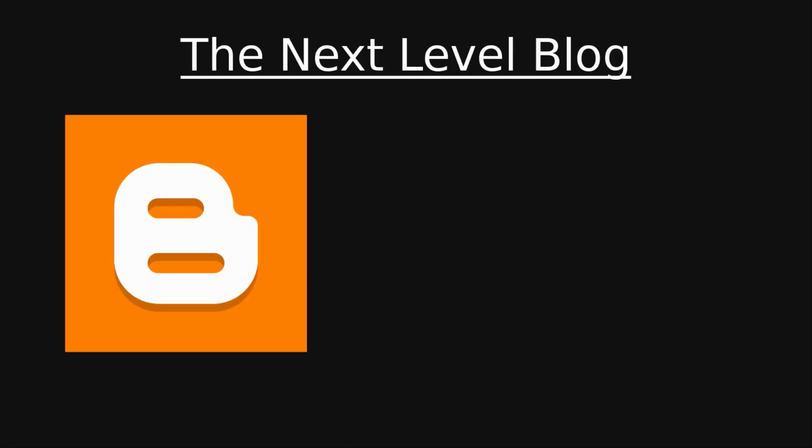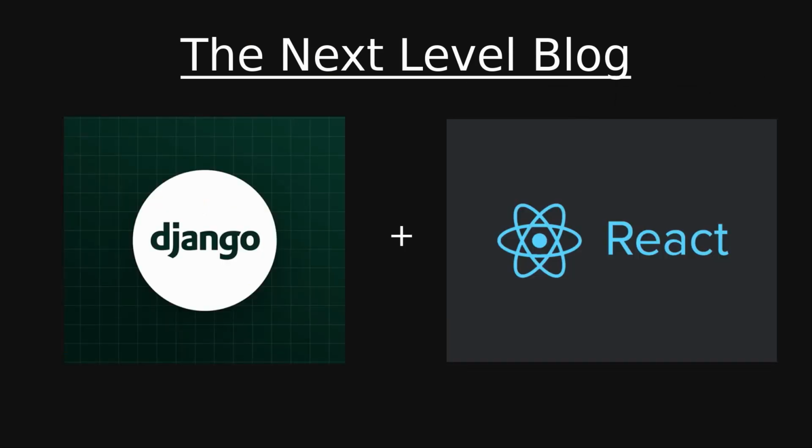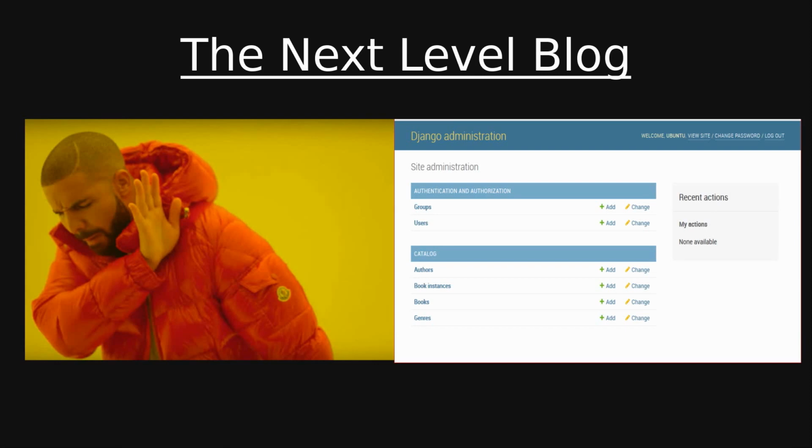In this project, we are going to create a blogging plus portfolio website with Django as a backend and React as frontend. Now, the most exciting thing about this project is its admin panel or admin dashboard. Now, it's not going to be a typical Django backend with shitty front-end design and messed up fonts.